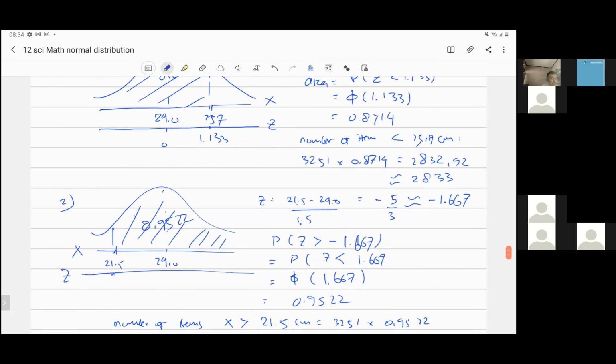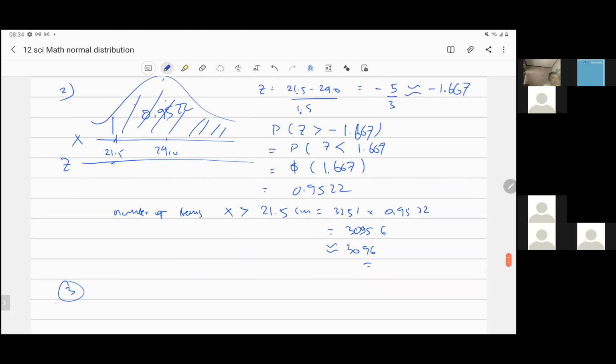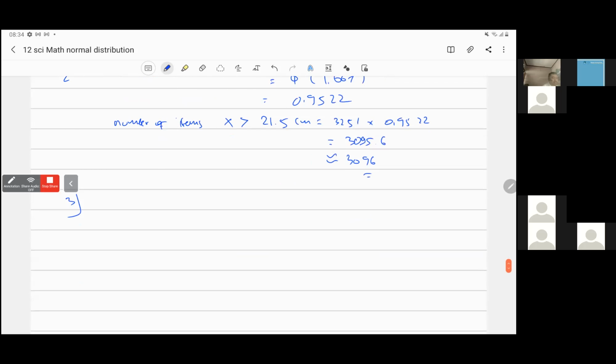If there's no more question here, then on to the third question. What if I'm asking the number of items more than 21.5 but less than 25.7?